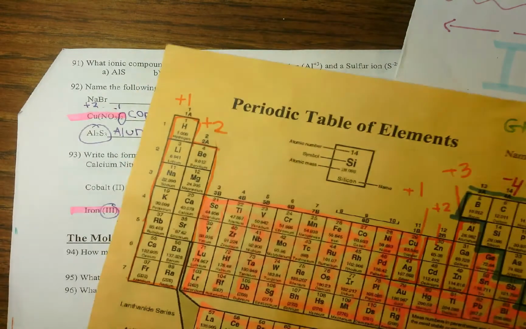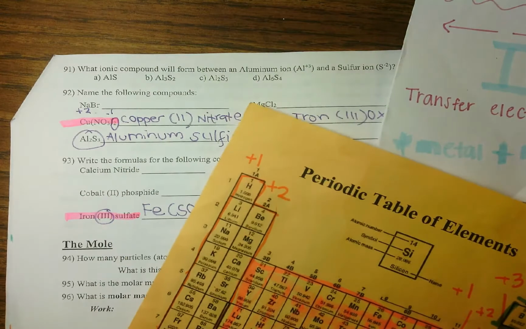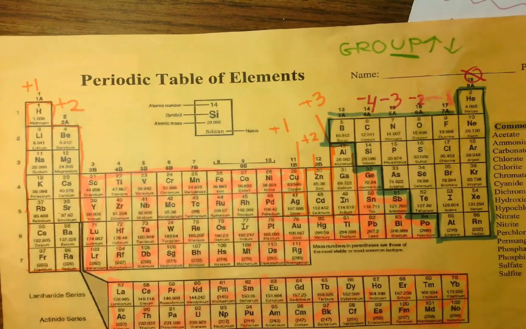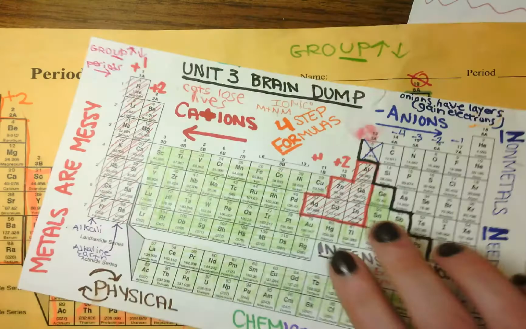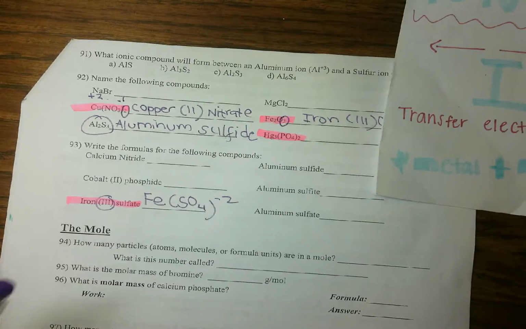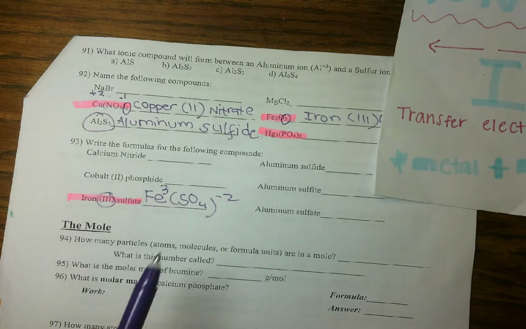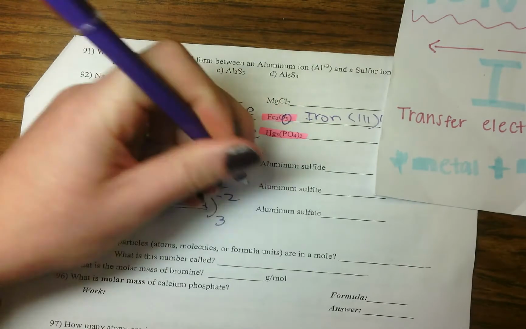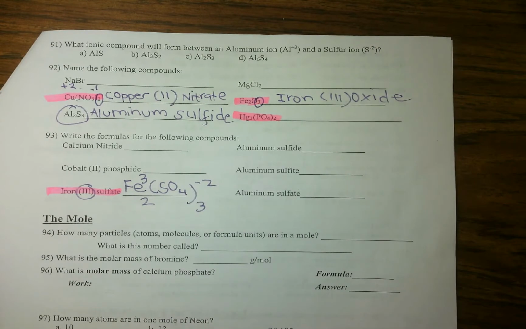Don't just say, it's iron 8. Nope. You want to use the Roman numeral. If it's in this transition metal area, here it's a little more clear, the green, don't guess. Use the Roman numeral. This is iron 3. Then we need a crisscross. So the 3 will come over here, the 2 will go over there. Okay.